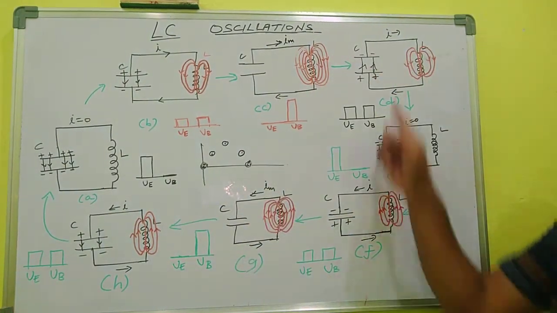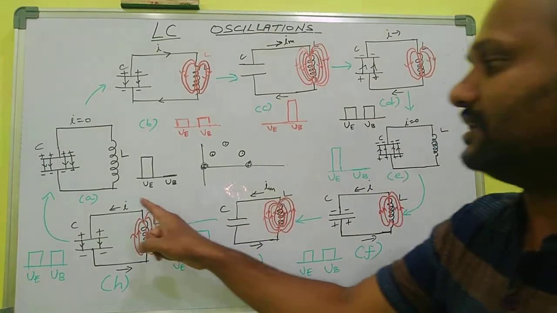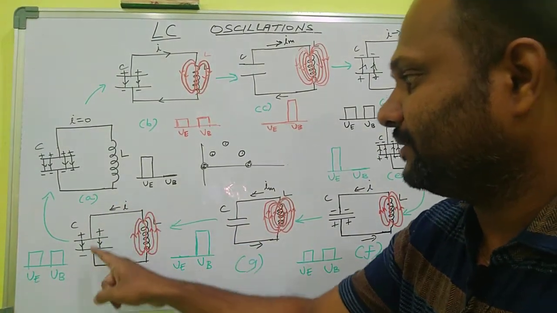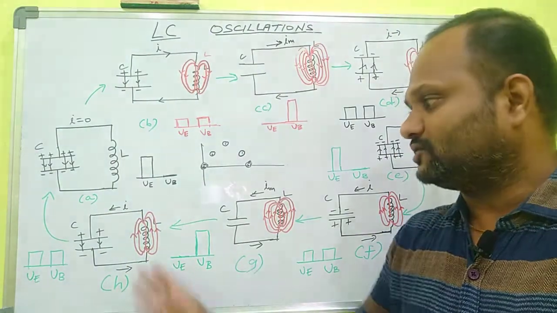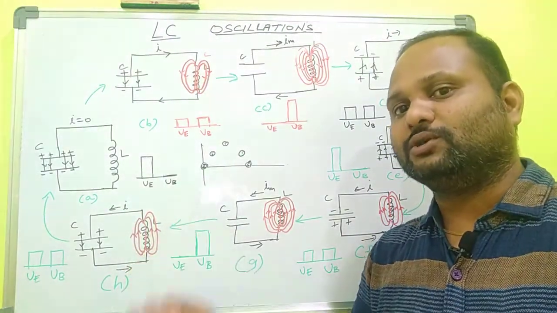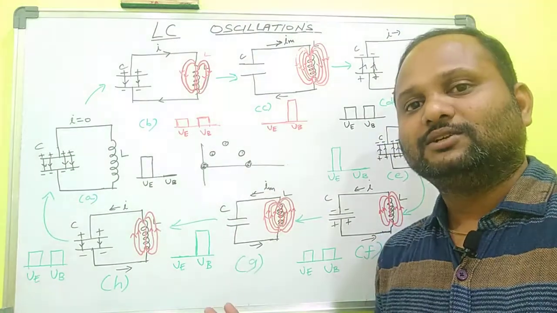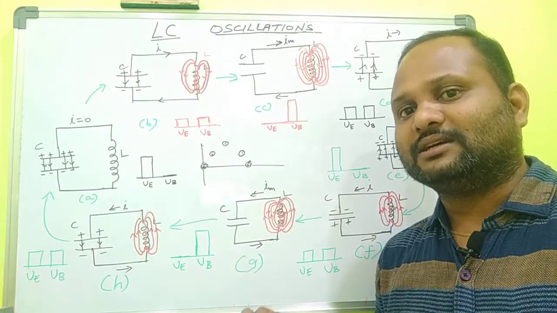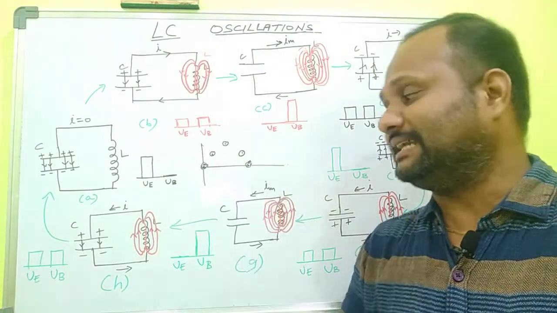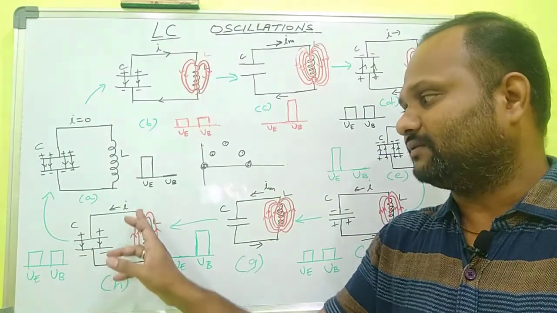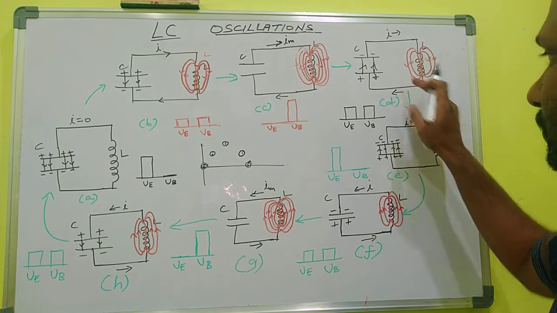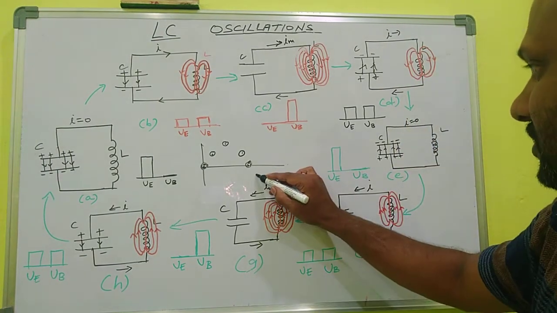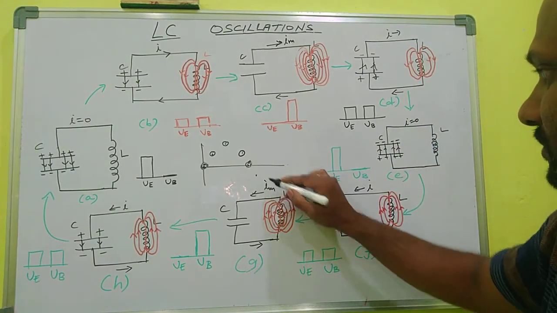That means there the current is going in the clockwise direction, and here the current is going in the anti-clockwise direction. Here also the current will not immediately come to 0 because of the inductance. So the value of the current decreases here. That means this position, and this position is negative maximum.